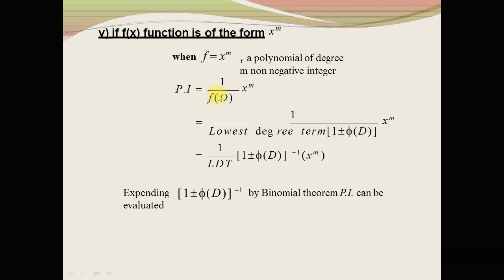Taking the lowest degree term common from the differential operator, we obtain the lowest degree term into 1 plus or minus some function of d. Then shift this binomial term to the denominator. We obtain 1 plus or minus that function of d, power minus 1, into this polynomial. Now expanding this by the binomial theorem, you will obtain the particular integral.